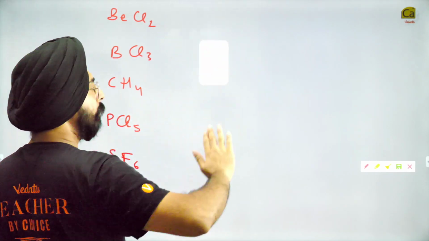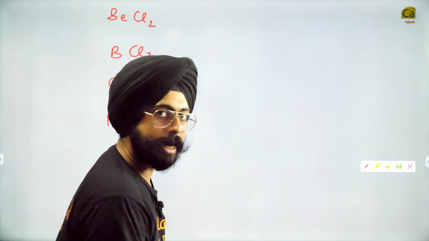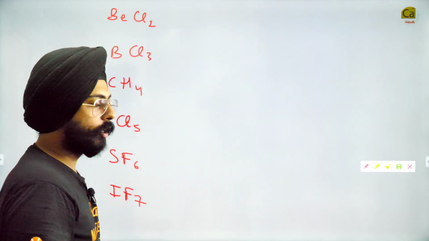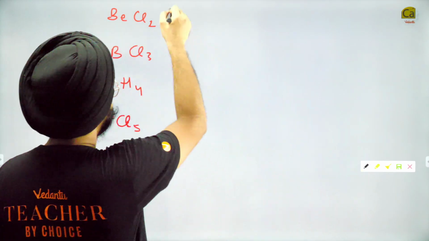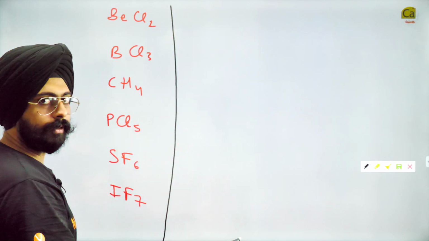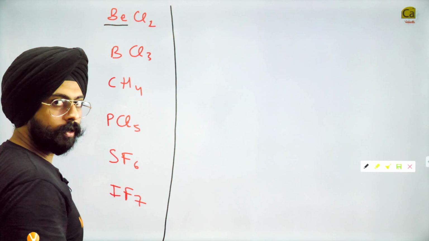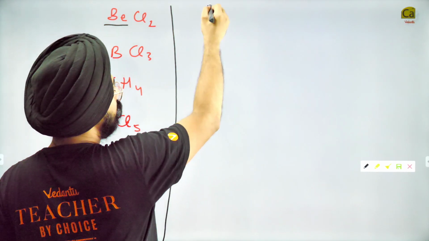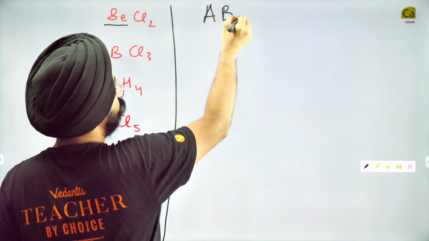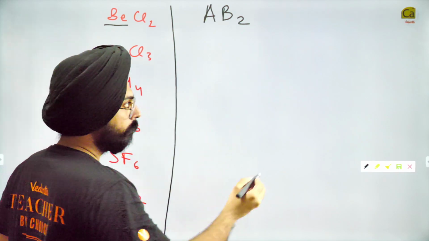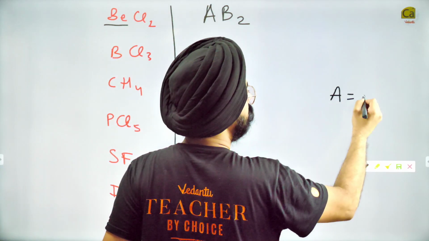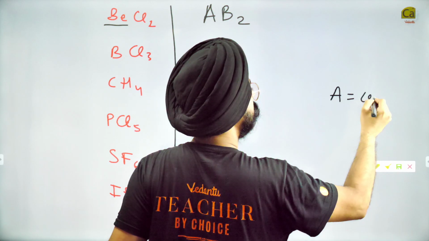forth. Now I am going to give you a different kind of a notation. थोड़ा अलग तरह से लिखूंगा इन cases को. These standard cases can be written something like this. There is one central atom and 2 bond pairs. I will write it like this: AB2. A refers to the central atom.